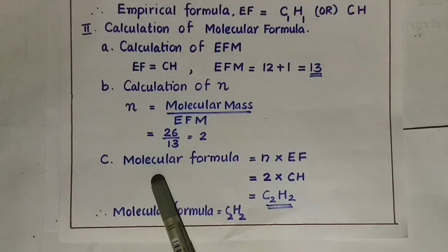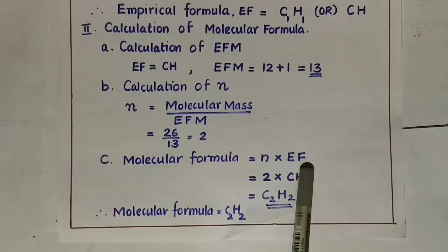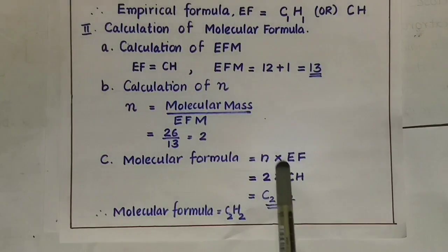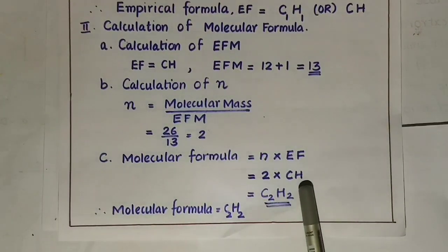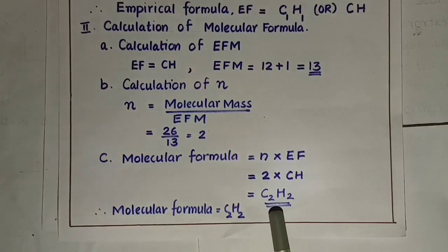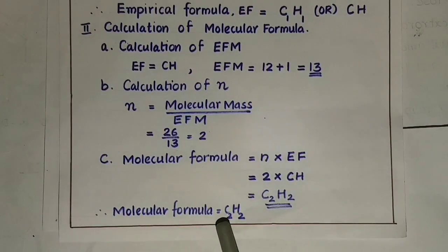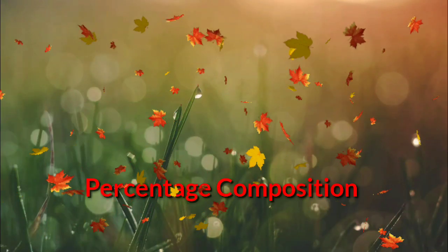So the last step: molecular formula is equal to n into empirical formula. Here n is equal to 2, empirical formula is CH. Then 2 into CH is equal to C2H2. Therefore, the molecular formula of the compound is C2H2.